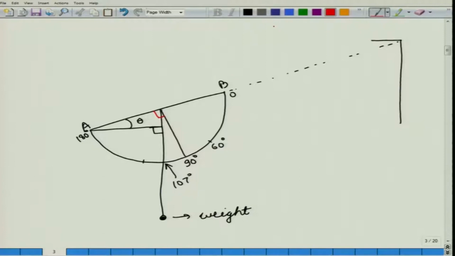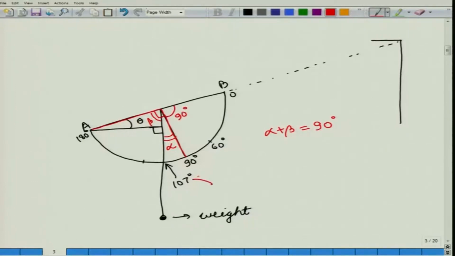So now how do we get to this angle theta? So we have measured this angle, let us call it alpha. Now if this angle is alpha and this angle suppose is beta, now we know that alpha plus beta is equal to 90 degrees, because alpha plus beta corresponds to this angle, which again is 90 degrees.